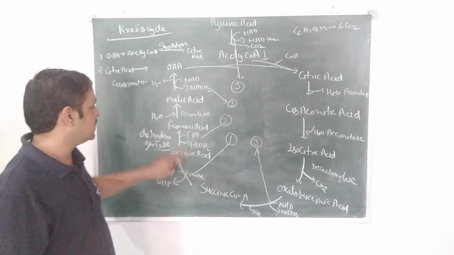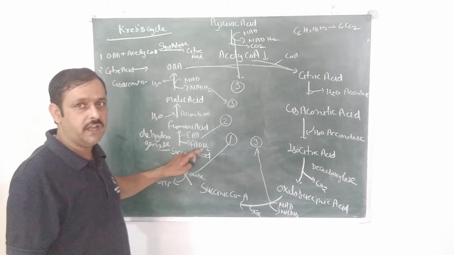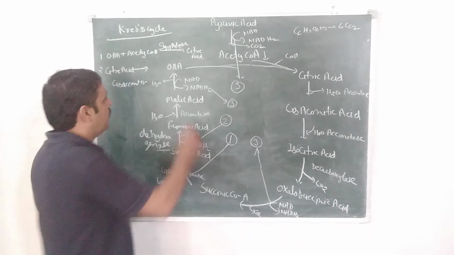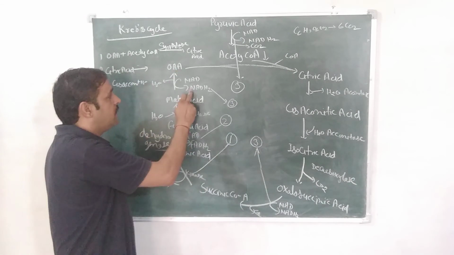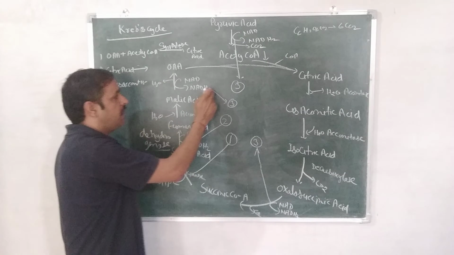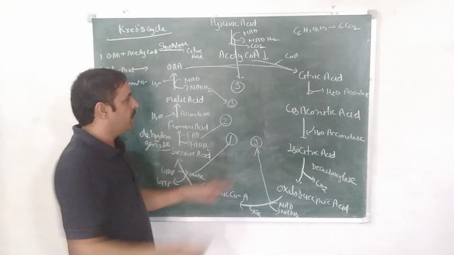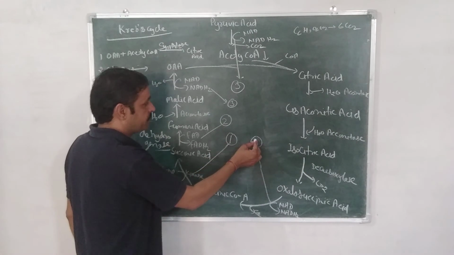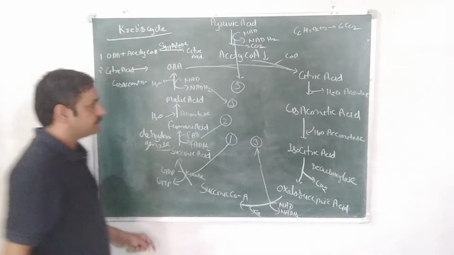From succinic acid we obtain fumaric acid, we obtain FADH2, and FADH2 goes into ETS, we obtain 2 ATP, and from malic acid oxaloacetic acid is formed, then 1 NADH2 is formed, and from 1 NADH2 we obtain 3 ATP. Then total number of ATPs are 3, 3, 6, and 2, 8, 9, and 3, 12.